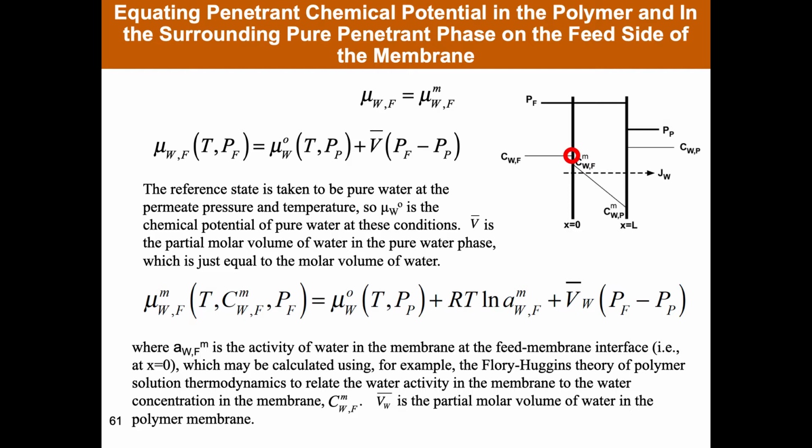One is it can change as the pressure changes according to the partial molar volume of water. But you can also change the chemical potential of water inside that membrane by changing its concentration. And the activity of water term here is essentially how much the chemical potential changes as the concentration of water inside the membrane changes.